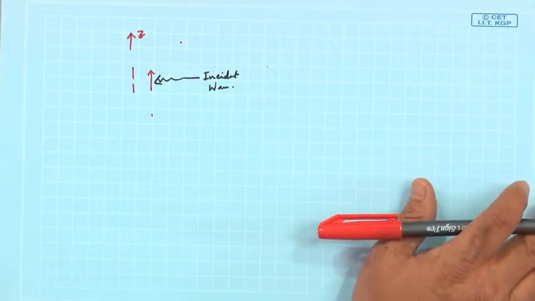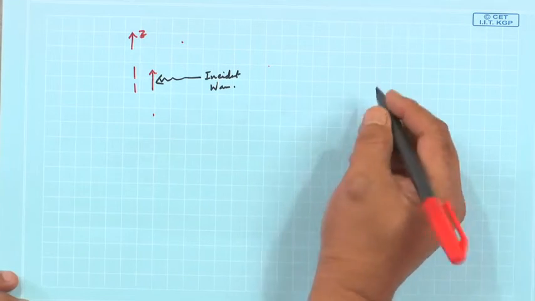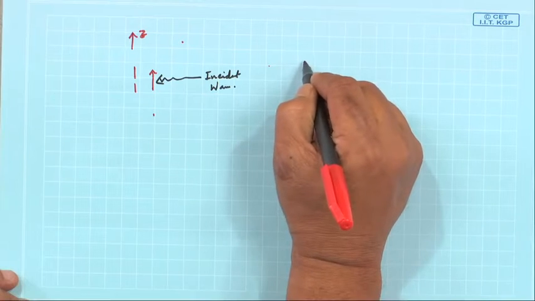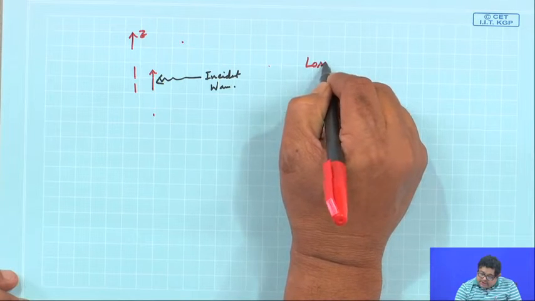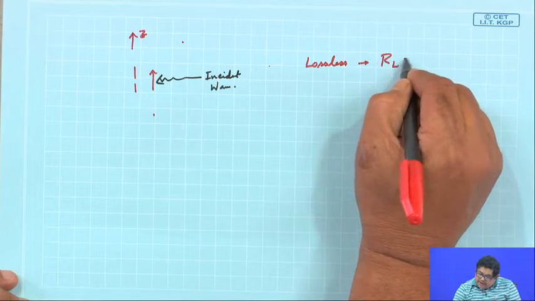So, there is no polarization mismatch between the current element and the incident wave. Also we assume it is a lossless current element, that means its R L is 0.